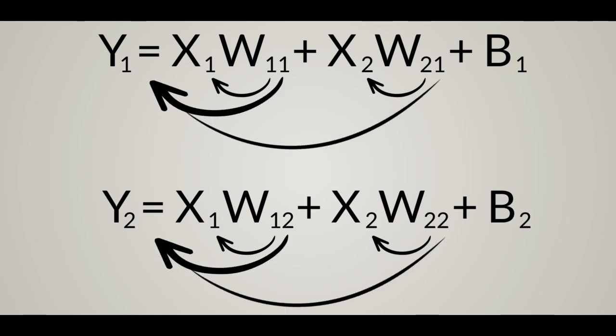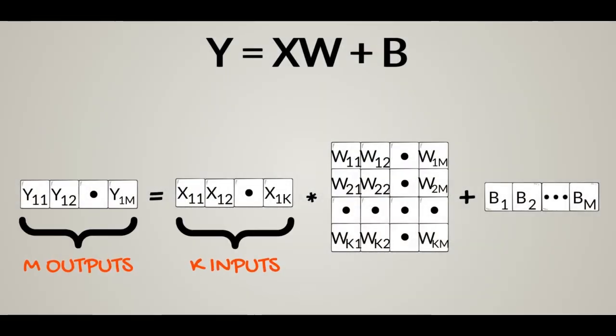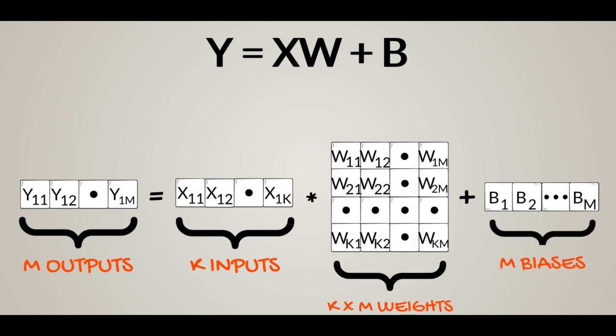We have two outputs, two inputs, four weights, and two biases. The number of weights depends on the inputs and the outputs. There is a different weight for each input in each equation. In general, if we have k inputs and m outputs, the number of weights would be k times m. The number of biases is equal to the number of outputs, m.